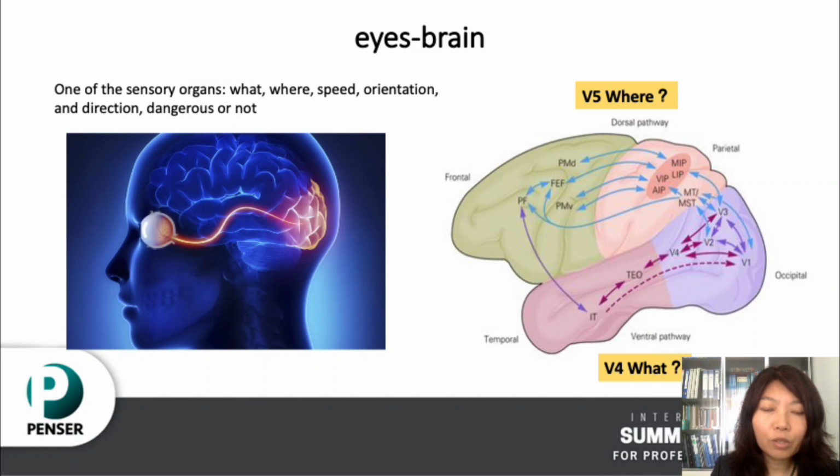So from here we can know that in the classroom or in data visualization, we mainly use the area of the what pathway, V4. But at the same time, we should notice that there are connections between the where pathway and the what pathway, and especially the frontal lobe of the brain also participates in this visual perception.